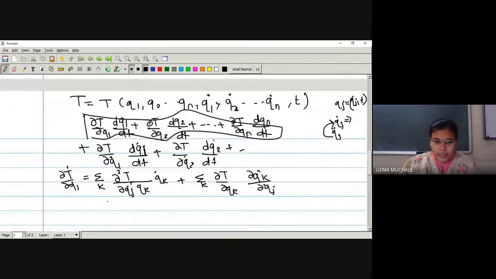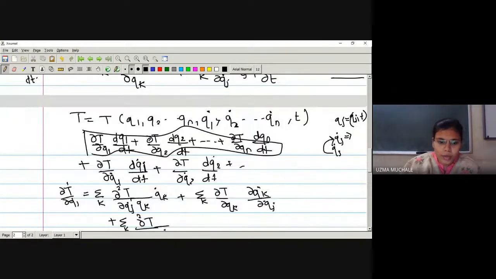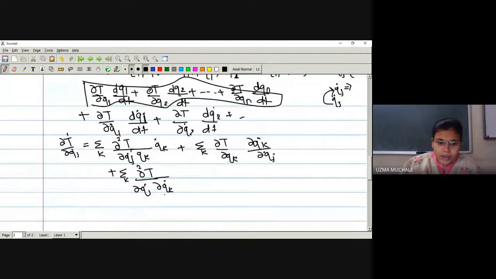That we will write down: equals plus the summation as it is, summation over k, ∂²T/∂q_j dot ∂q_k dot. We have this term only. Both terms we have written, and here q_k double dot will be as it is, treated as a constant.